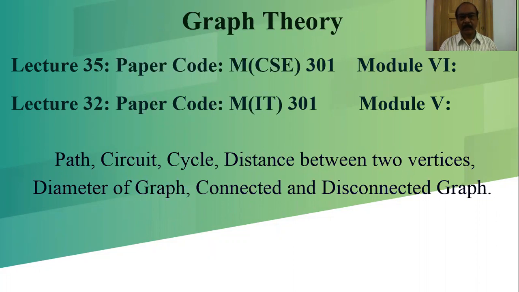Contents of today's lecture: path, circuit, cycle, distance between two vertices, diameter of a graph, connected and disconnected graph, and also we discuss the Hamiltonian graph, Hamiltonian circuit and Hamiltonian path.